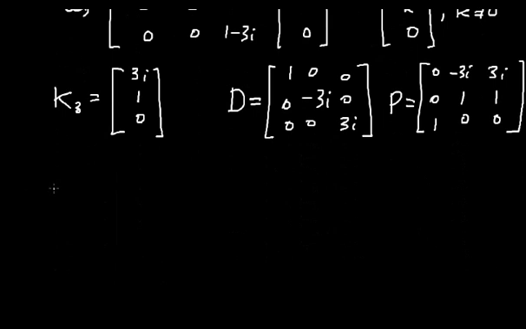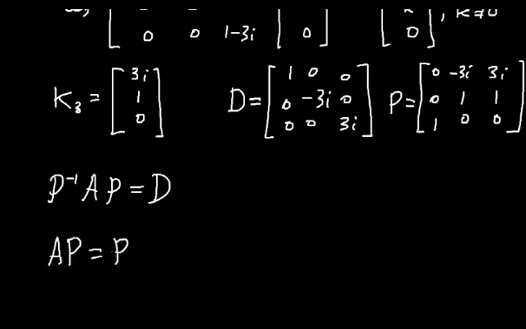We then got that the inverse of P times A times P equals D. We don't really need to find the inverse of P, because as you saw, we got the P without knowing what the inverse of P was. But you might be thinking now, what if I want to check my answer is right? Do I then need to find the inverse of P? No, because this equation can also be rewritten like this: AP equals PD.